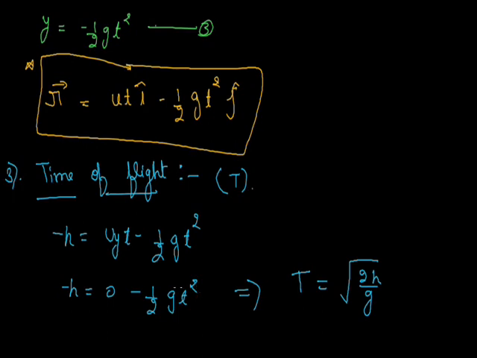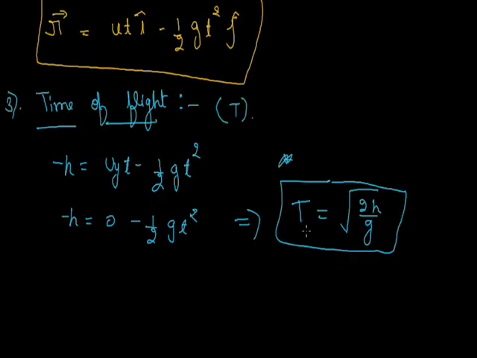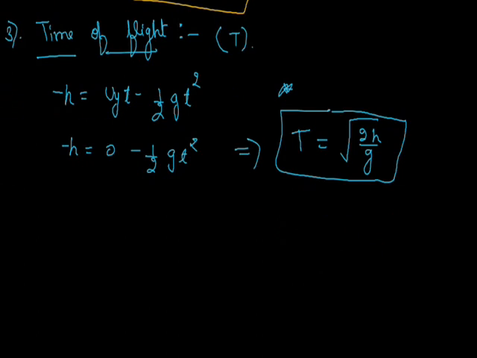Then we take the under root. Now t is equal to under root 2h by g. This is the time of flight. Now the fourth point is horizontal range.